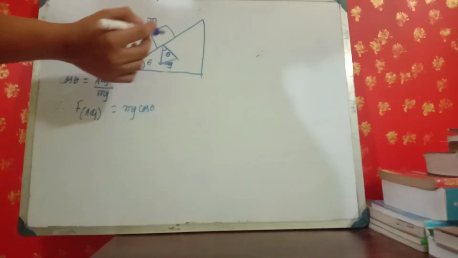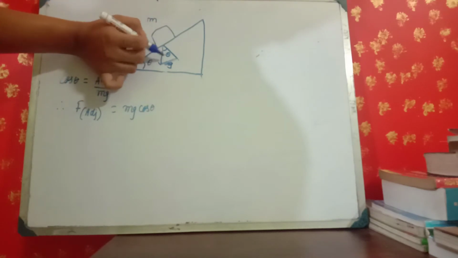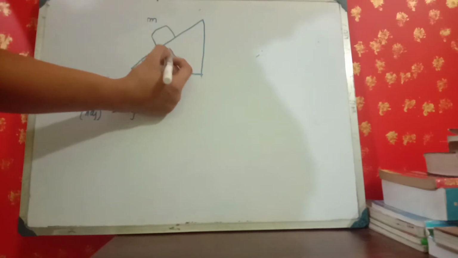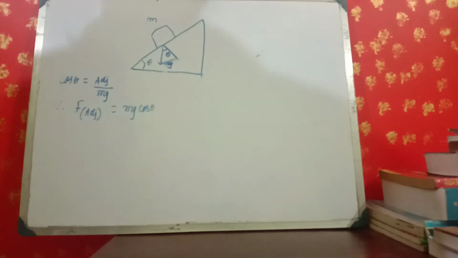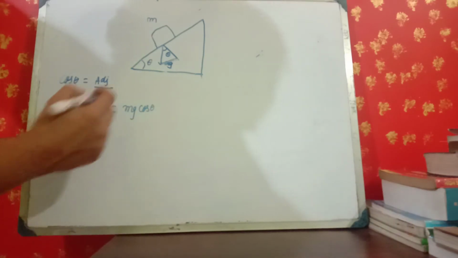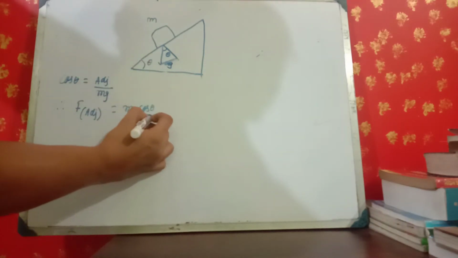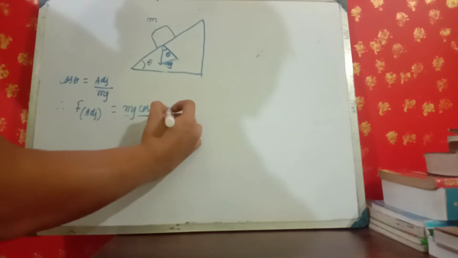So this is the hypotenuse, this is the perpendicular, and this is what we are going to call the breadth or the adjacent, you may say. So let's start. This is the length of the perpendicular.